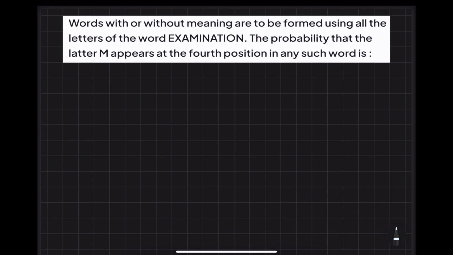Okay, let's jump on to this question, which says words with or without meaning are to be formed using all the letters of the word examination. So we will use this word examination. First I will try to recognize how many letters are being used.